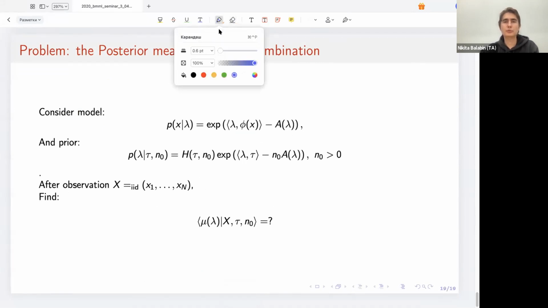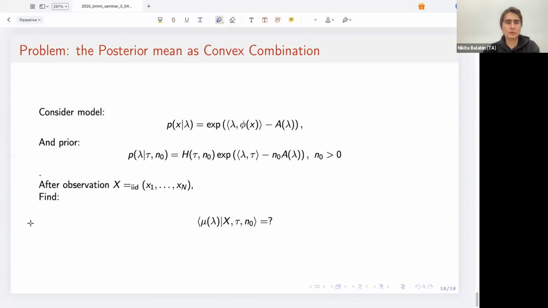So, some hints for you. First of all, remember what mu, the mean, is. The mean is written on the first slide, and it is the expectation of phi of x with respect to the distribution.